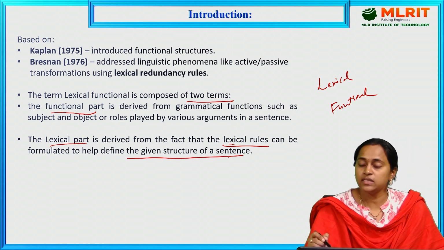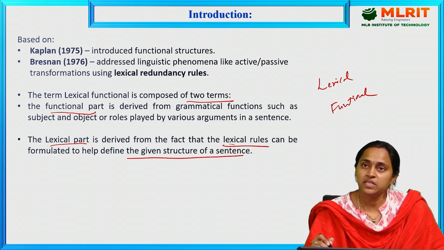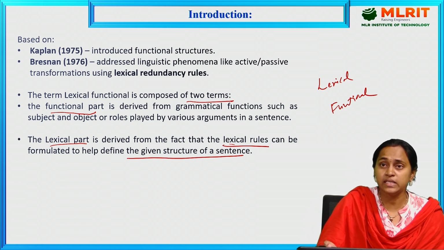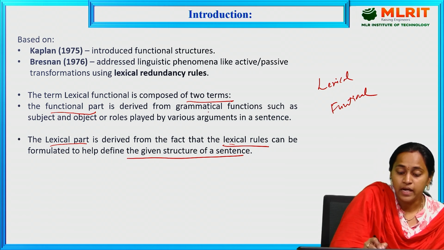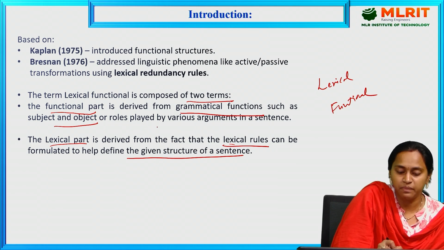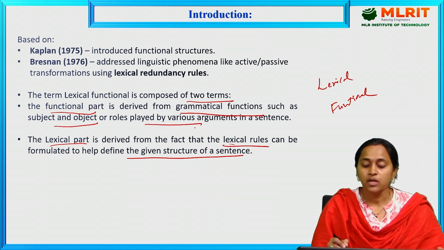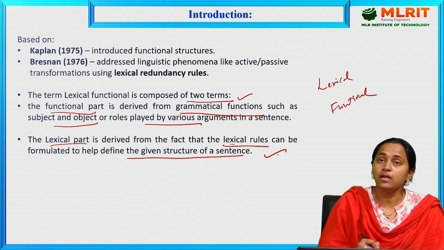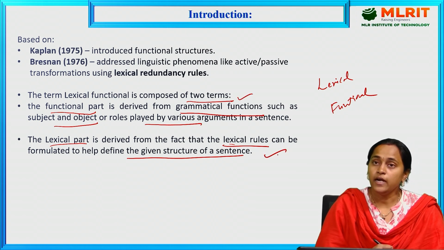That means the lexical rules are formulated for the given sentence structure. Now the functional part: it derives grammatical functions such as subject and object, which play various roles in the sentence. This is the meaning of the lexical and functional parts in the terminology.